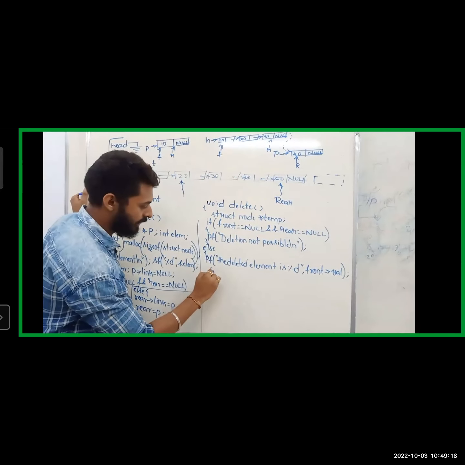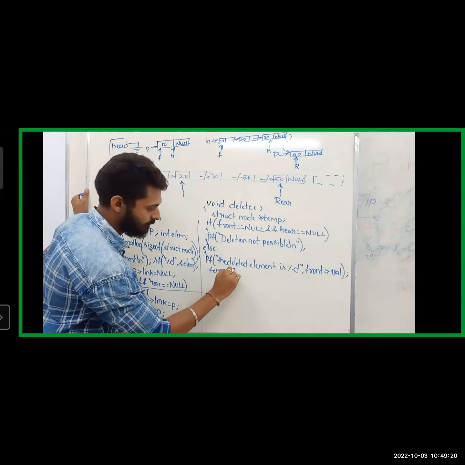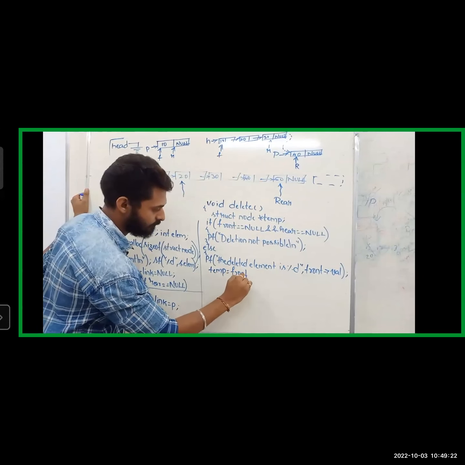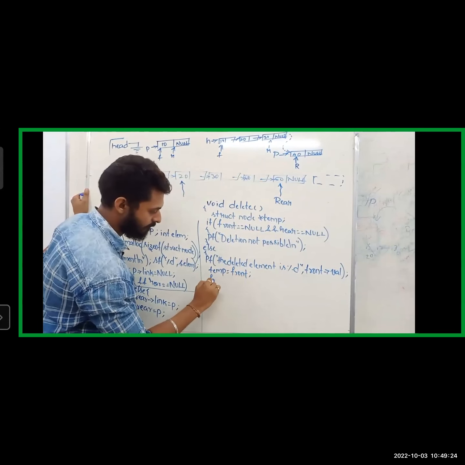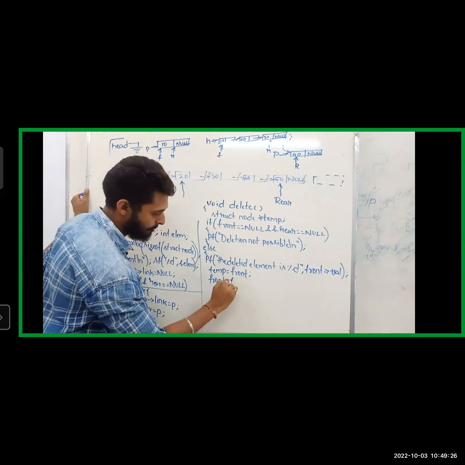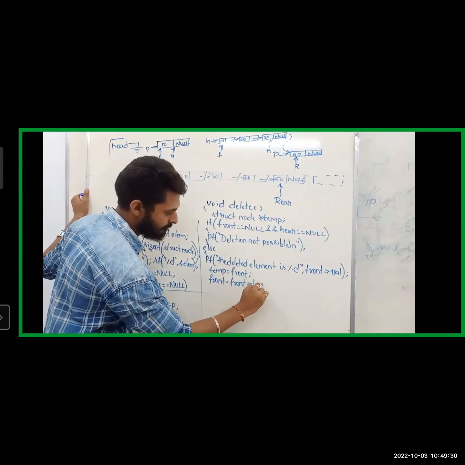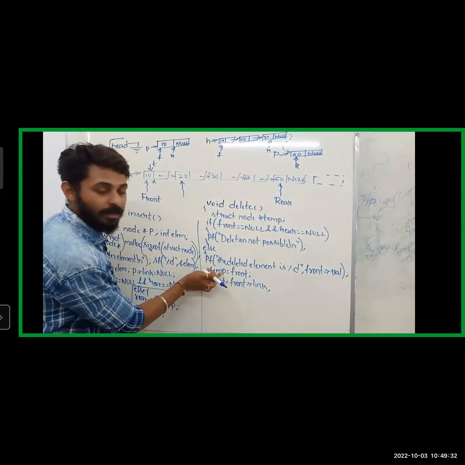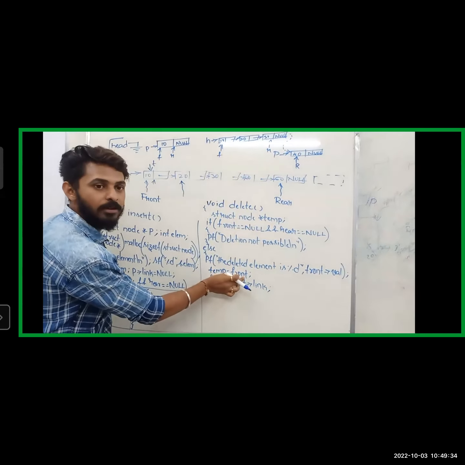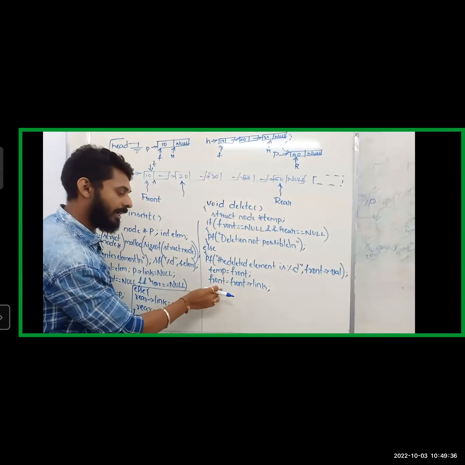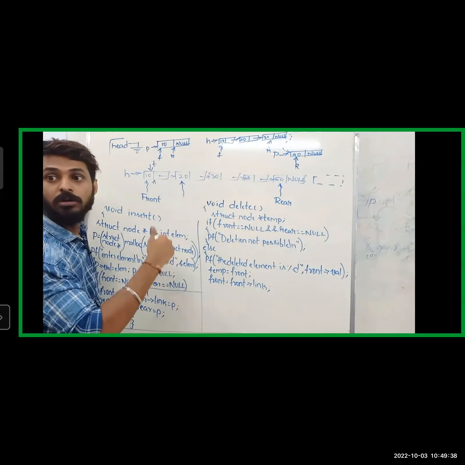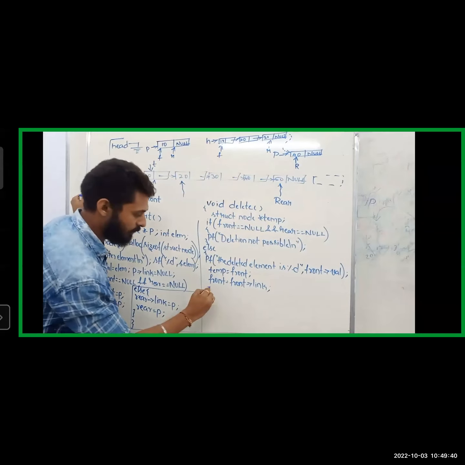So temp should be pointing to where front is pointing. That cannot be done with front plus plus. My temp is pointing to the same place where my front is pointing, and then I'm incrementing front to the next position, and then free temp.